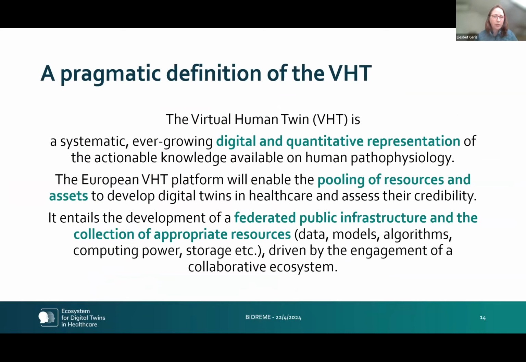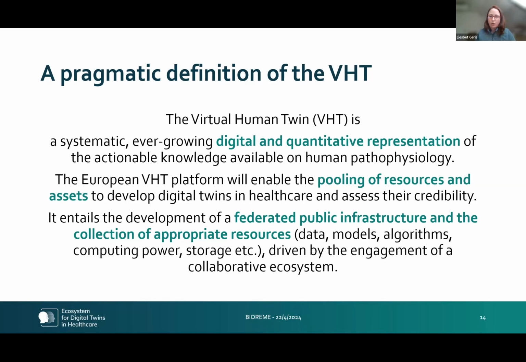So this is why we came up with the definition of the virtual human twin, which for us should be a systematic and ever-growing digital quantitative representation of the actionable knowledge available on human pathophysiology. It is to be a European platform that will enable the pooling of resources and assets to develop these digital twins in healthcare, meaning resources such as data, models, algorithms, but also access to the compute power infrastructure and the storage networks.